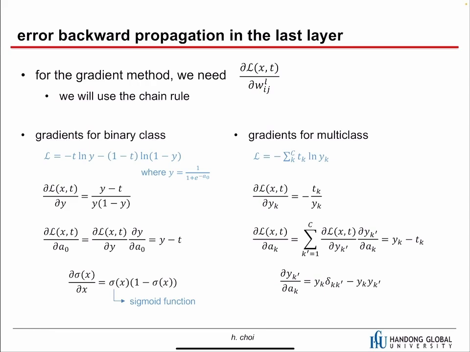Okay, so then what should we do? We have a neural network and we have an objective function, and in the neural network we have all the parameters. Then what should we do? It's simple. Take a derivative and update. For the gradient method, we're going to talk about this optimization method in the optimization chapter.